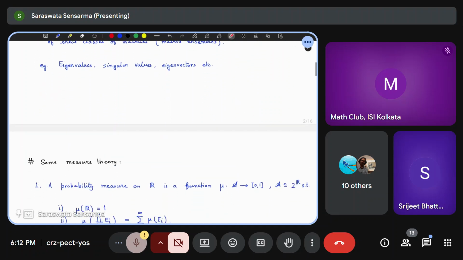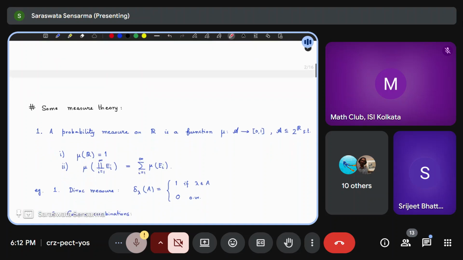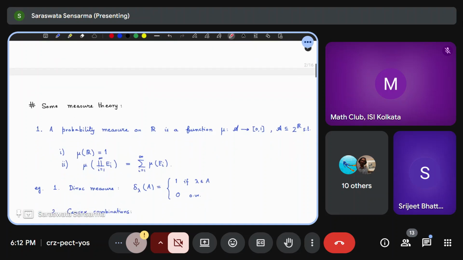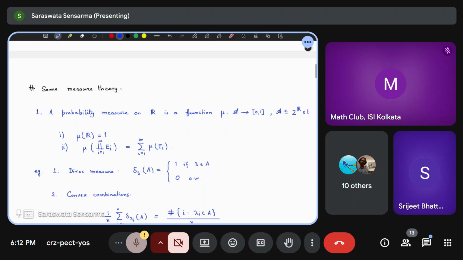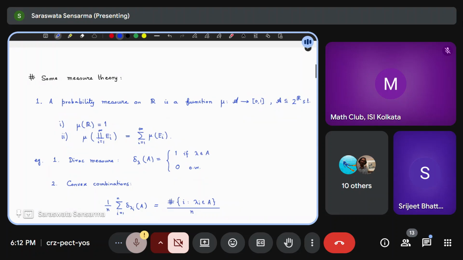But before we get into the actual meat of the material, I would like to introduce some measure theory. Many of you know this, but I'll just introduce the notation so that we are on the same page. All of you know the definition of a probability measure.